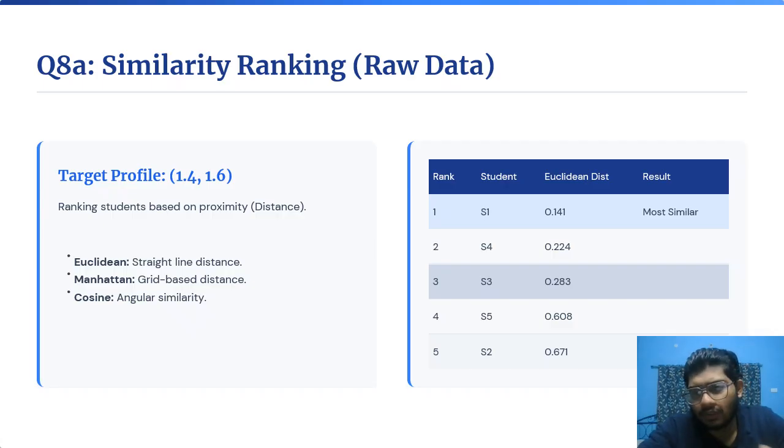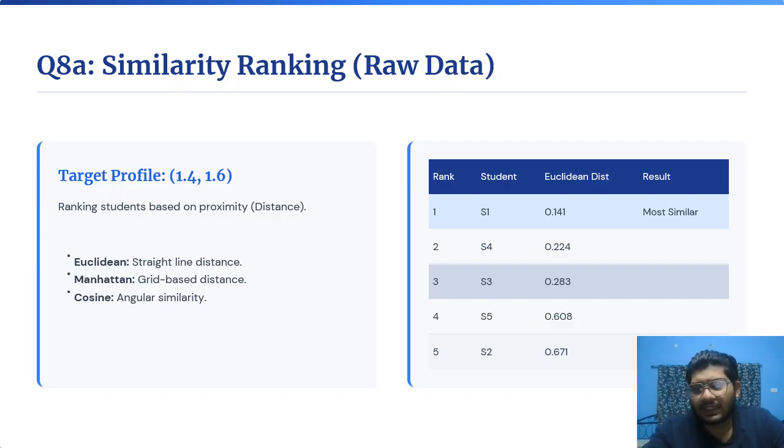Now, on the other side, you can see rank, student, Euclidean distance, and result. You see student 1, student 4, 3, 5, 2, right? So it's 1, 2, 3, 4, 5, but we have arranged them, and now you can see the Euclidean distances are 0.141, 0.224, 0.283, 0.608, 0.671.